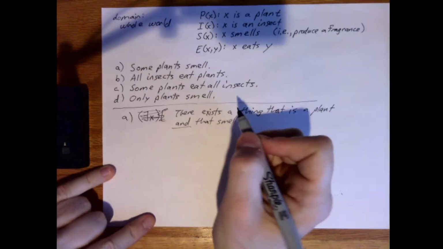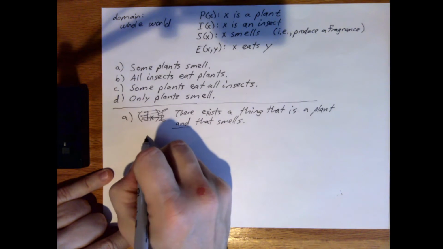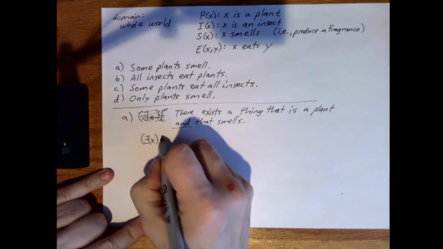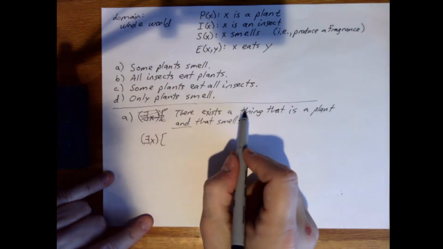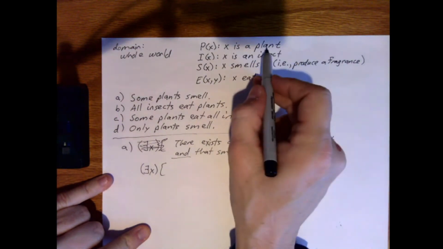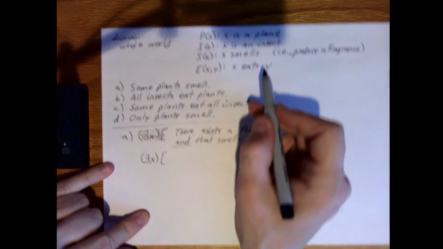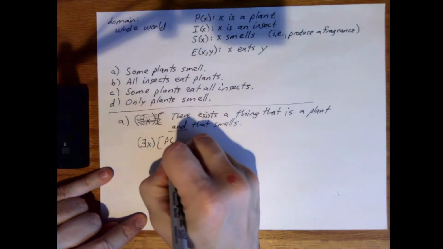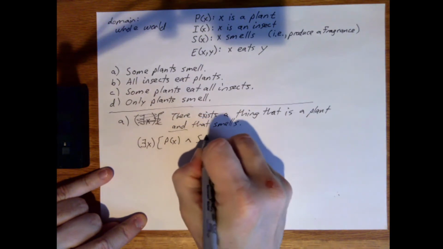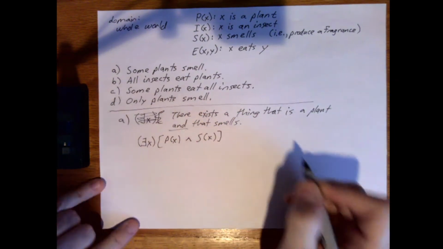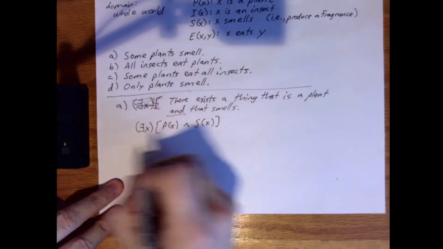There's and, so I'll put these together, going back to what I said earlier, existential. And we're saying there's this thing that has two of these properties. It's a plant and it smells. So P of x and S of x. Right?